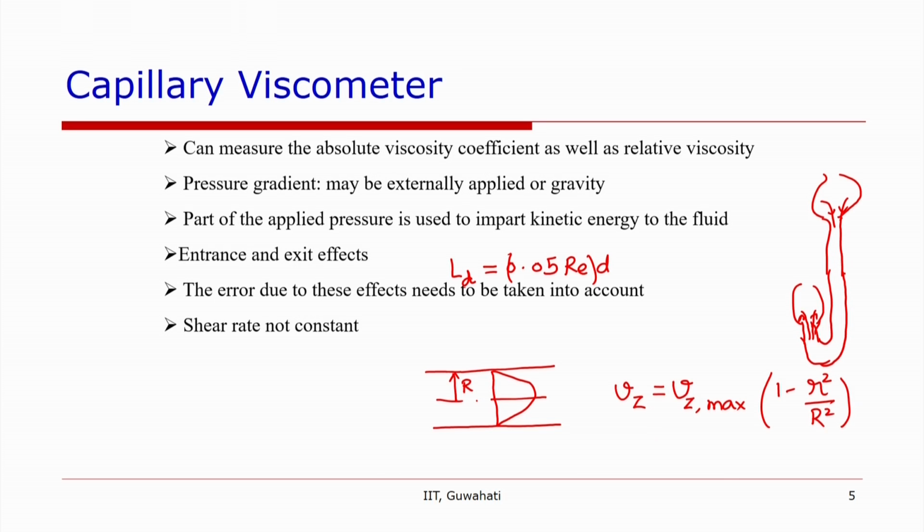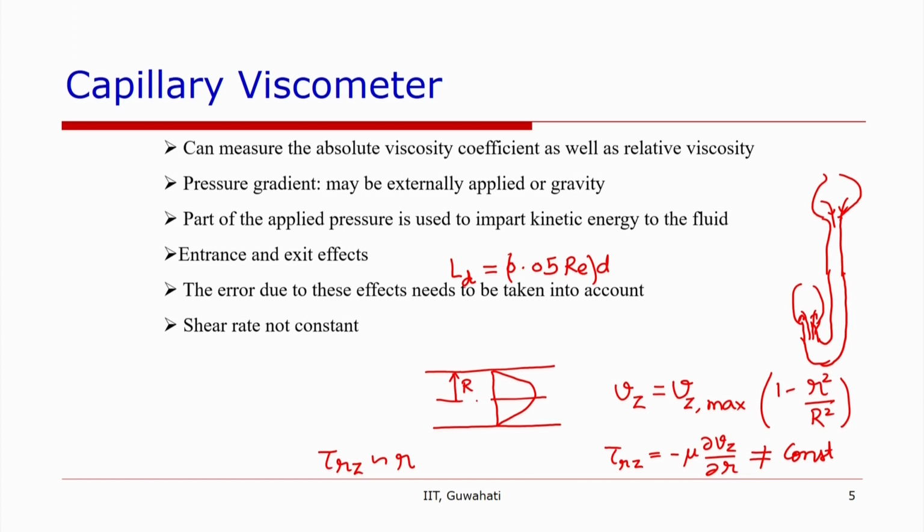So we can quickly see that tau Rz, the shear stress, which is equal to minus mu del Vz over del R, is not a constant, but tau Rz is proportional to R. So the shear rate is not constant.